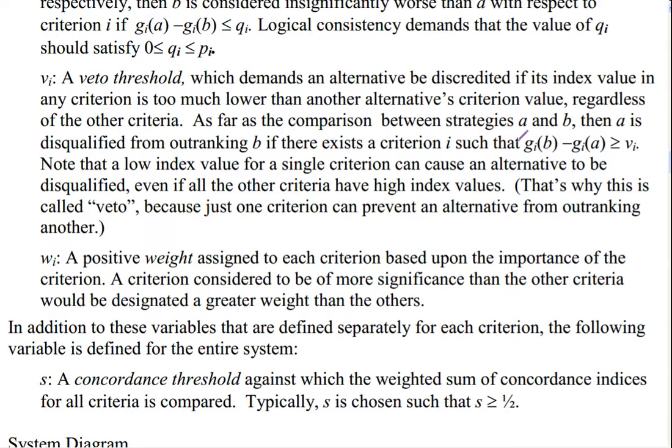Okay. So, for instance, if I had G1 of A equal to 9.5 and G1 of B equal to 0.3, and suppose that my veto threshold was equal to 9, then that means that B would be disqualified, and B could not be my final choice.